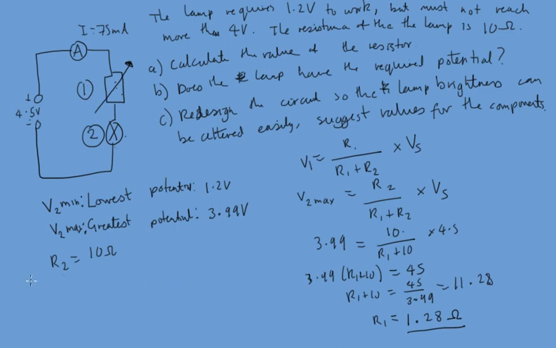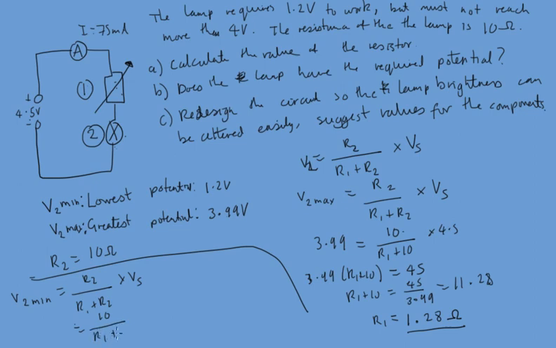Then we would repeat it for the minimum, so V2 min, R2 over R1 plus R2 times Vs. Oh, that's V1, so we're doing V2, so change those numbers over. And then we would have run out of space. I'm not going to do it, the working out is exactly the same.